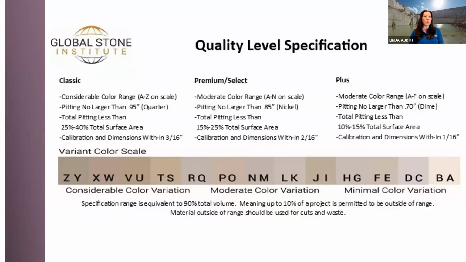So I'm going to go over the Global Stone Institute quality level specification guidelines. And at the end, if anybody is interested in receiving these guidelines, I'd be more than happy to get them out to you. I think it's super important, and it's a great way to assess the quality of stone the way you would diamonds.